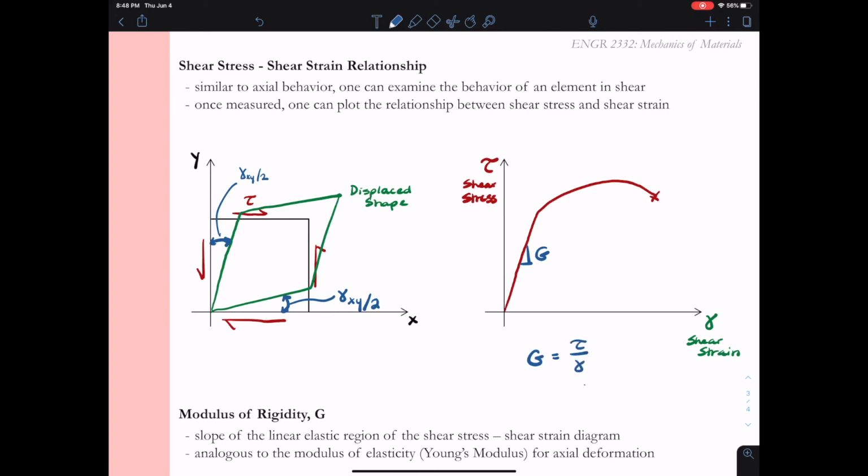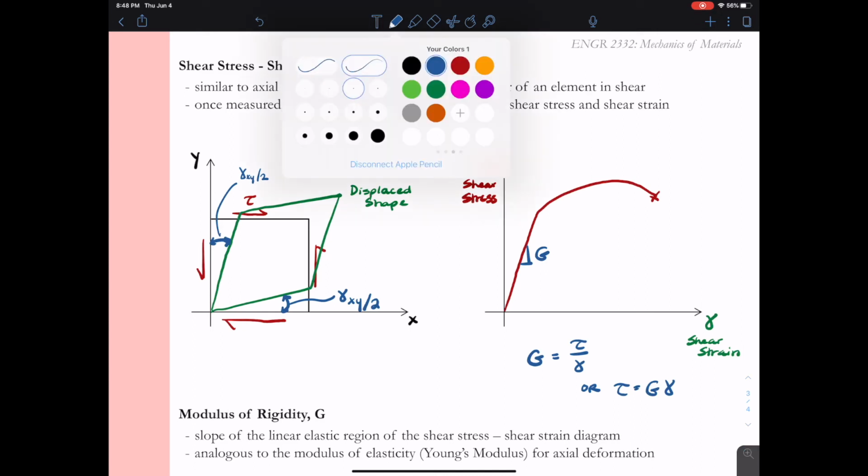It basically goes from linear elastic to some sort of strain hardening curve and then ultimately fracture. We do have that linear elastic portion, and so in the linear elastic range for shear stress and shear strain, we can set up a relationship that's basically tau equals G gamma, where G is our modulus of rigidity.